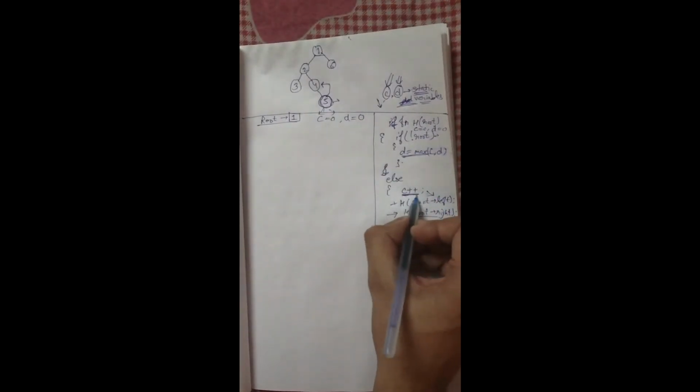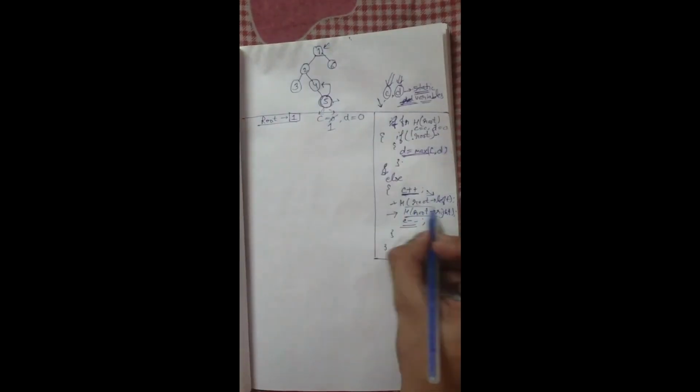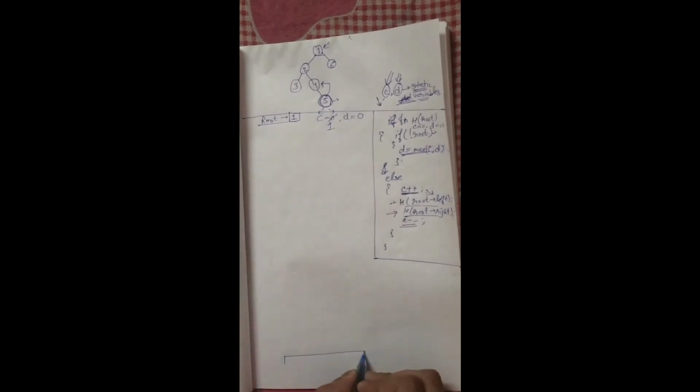So what I am doing, increment C. Okay, I have come to node. Now what it says, root left. Okay, so in my stack it would be stored h of 1 left.